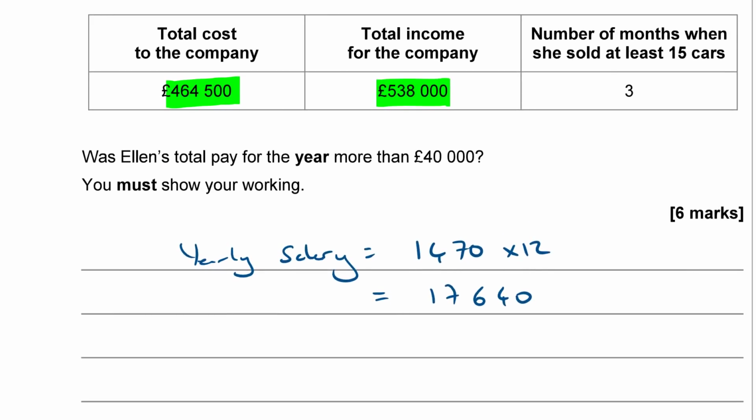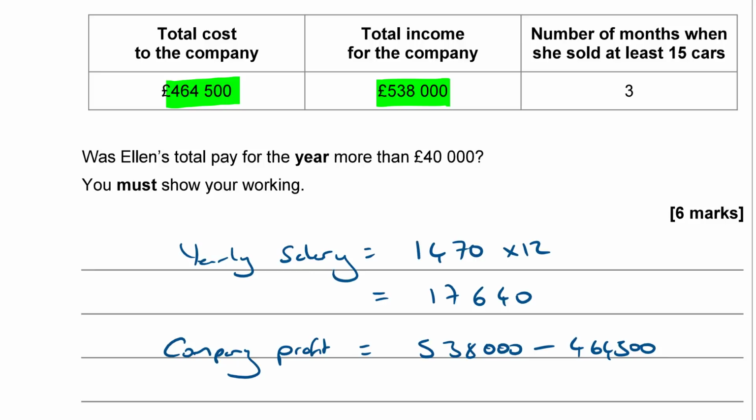So company profit is going to be 538,000 subtract 464,500.